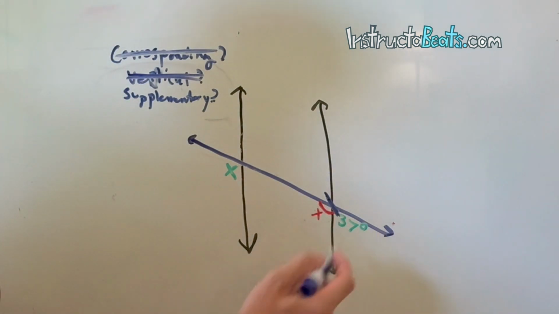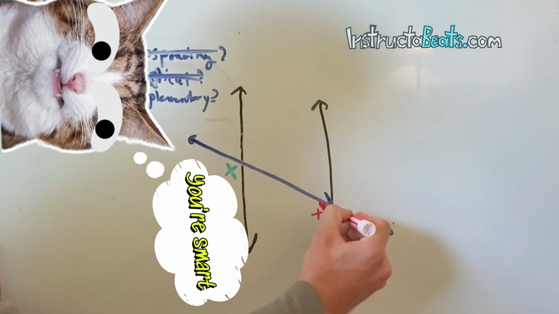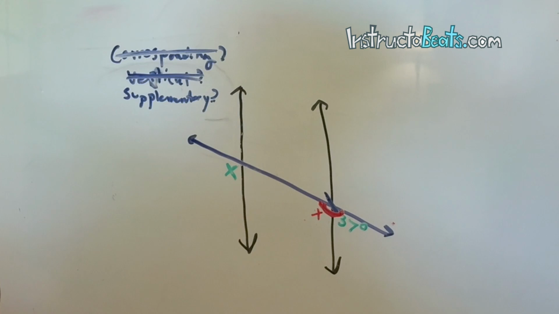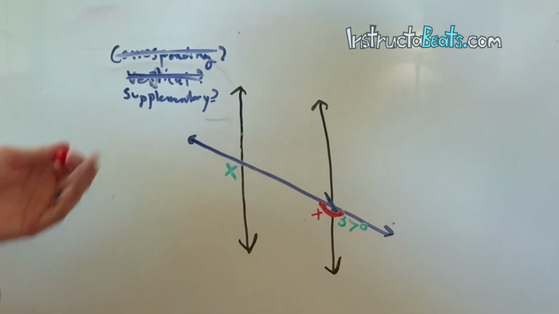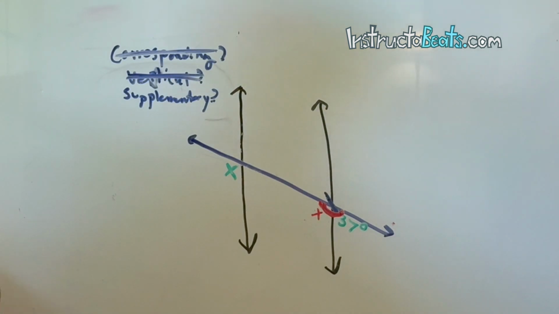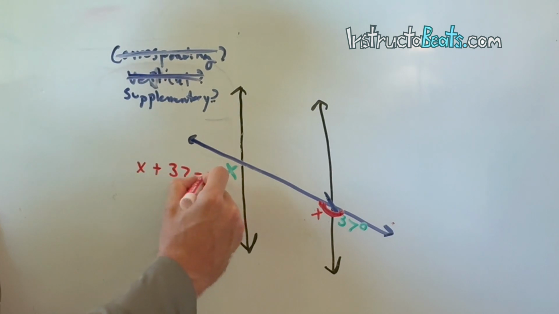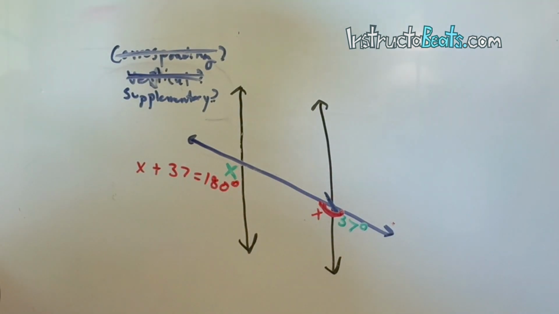That would have been great because then they would have been the exact same. But I do see that these are supplementary, which means they are on the same line right here, half of a circle, which would be 180 degrees. So corresponding or vertical would have been great because then they would have been equivalent. For supplementary, all we have to do is a little bit of math. So X plus 37 is going to give you a total of 180 degrees.